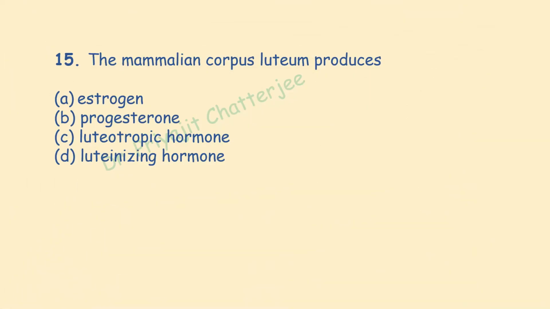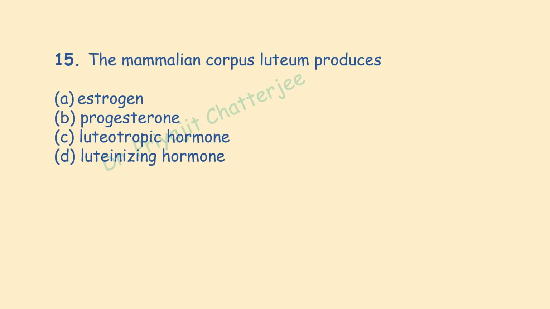The mammalian corpus luteum produces, there are four options. Option A is estrogen, option B progesterone, option C leukotropic hormone, and option D luteinizing hormone. We know in the human female menstrual cycle, the ovulation or the ovulatory phase is followed by the luteal phase, during which the remaining parts of the Graafian follicle transform as corpus luteum. In case of pregnancy, the corpus luteum secretes large amount of progesterone, which is essential for maintenance of the endometrium.